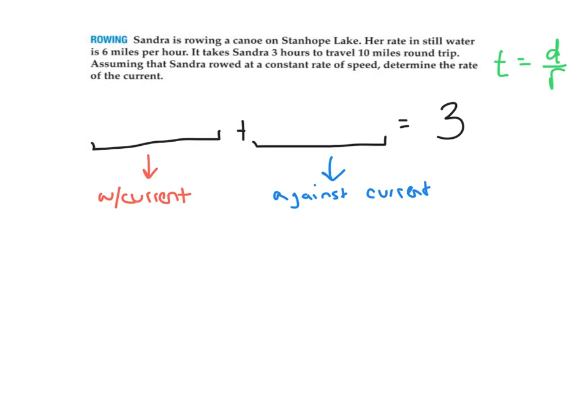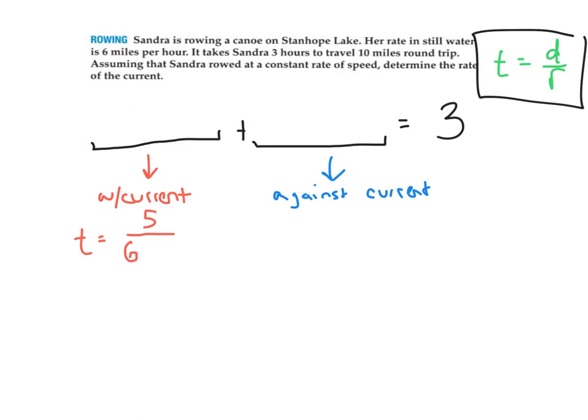So if we use this equation in the top right, with the current, her time is going to be the distance she traveled, which, if she is going 10 miles in a round trip, going out would be 5 miles. Now our denominator is going to be her rate. In still water, she is traveling 6 miles per hour.